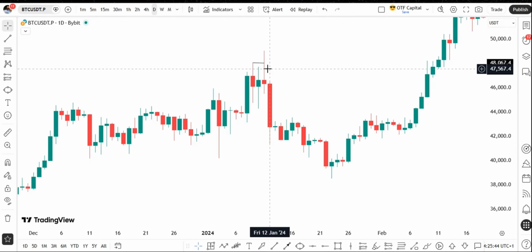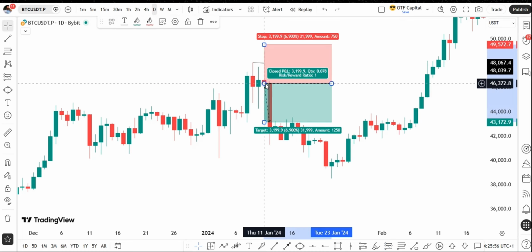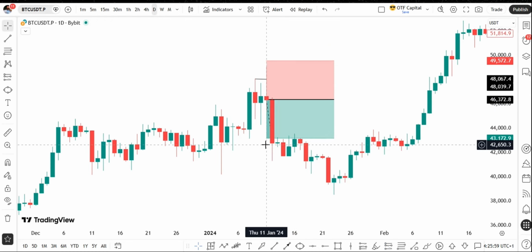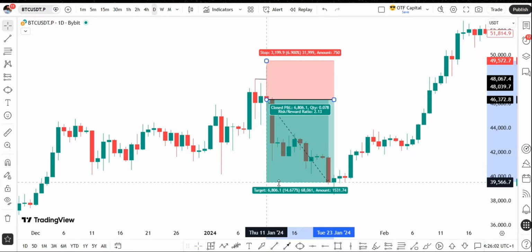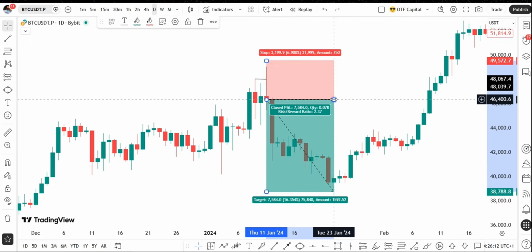How can you trade it? Trade it when the candle body is closing. Right at the closing price of the candle body, that's where you can take advantage of this type of candle. You shouldn't be greedy.